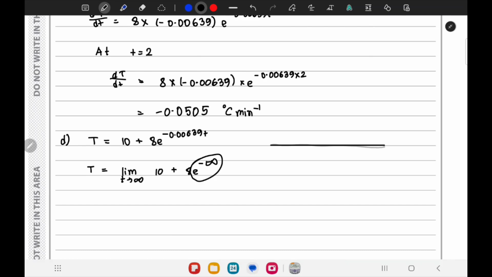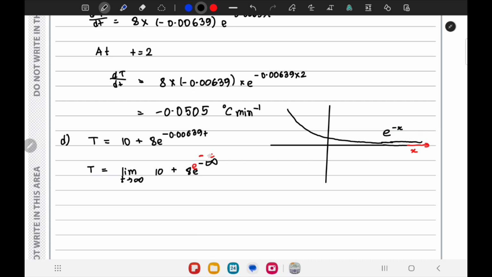If we draw the graph of e to the power minus x, this is the graph we get. As the value of x becomes larger and larger and goes close to infinity, the value of e to the power minus x gradually becomes almost zero.